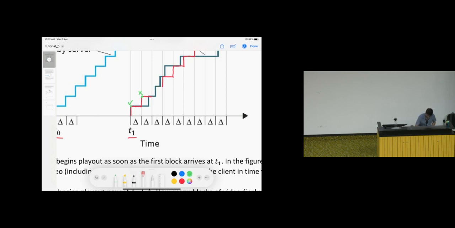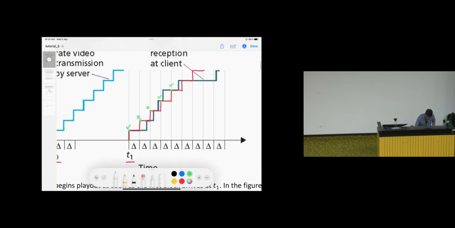This is also not received in time. This is received because the blue line came first. The blue plot came first. Same as this. Same as this.